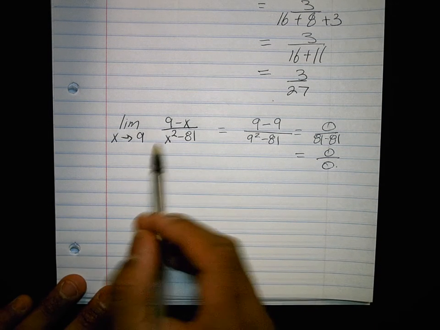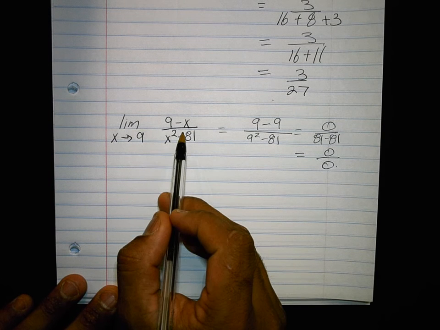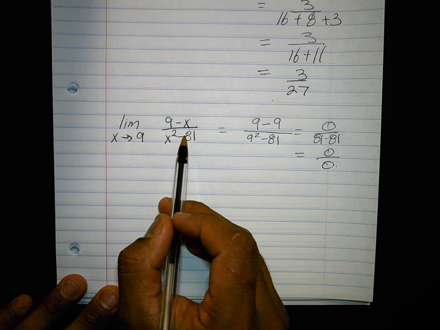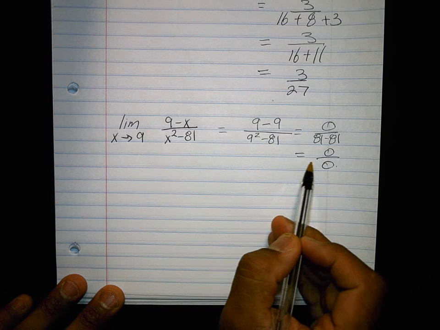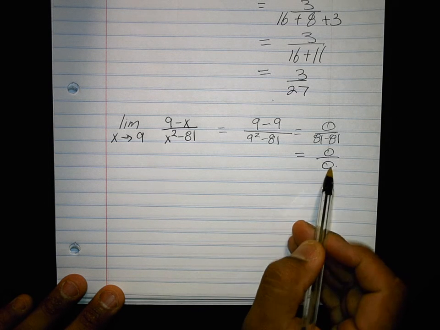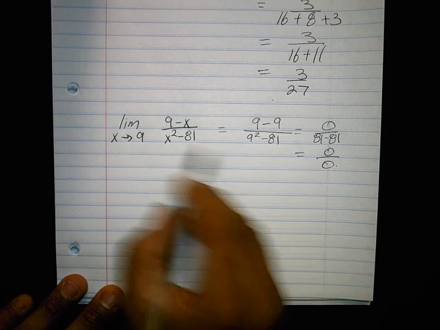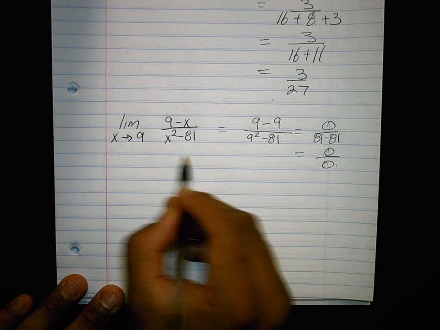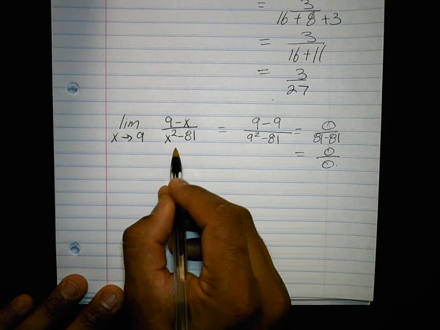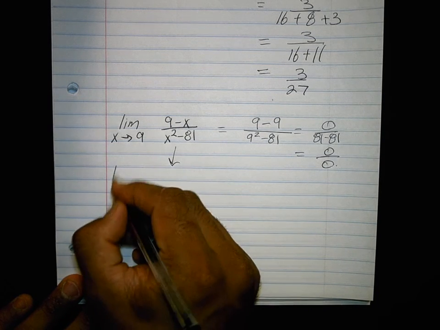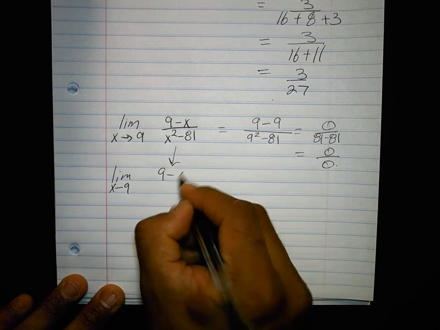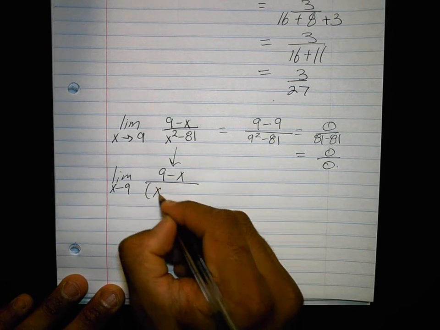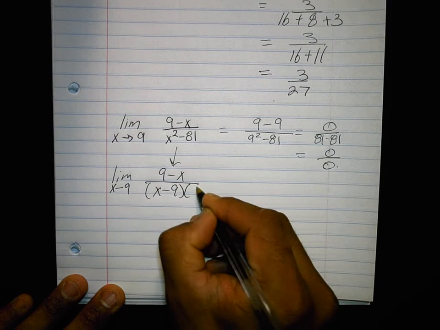So what we're going to do is we're going to try to simplify this function so that when we do plug in the 9, we don't get this 0 in the denominator. Okay, so I'm going to take this function, and what I'm going to do is I'm going to factor it. So kind of coming down here, I'm going to say the limit, and then I'm going to leave the top alone for now, and the bottom is going to be a difference of squares.